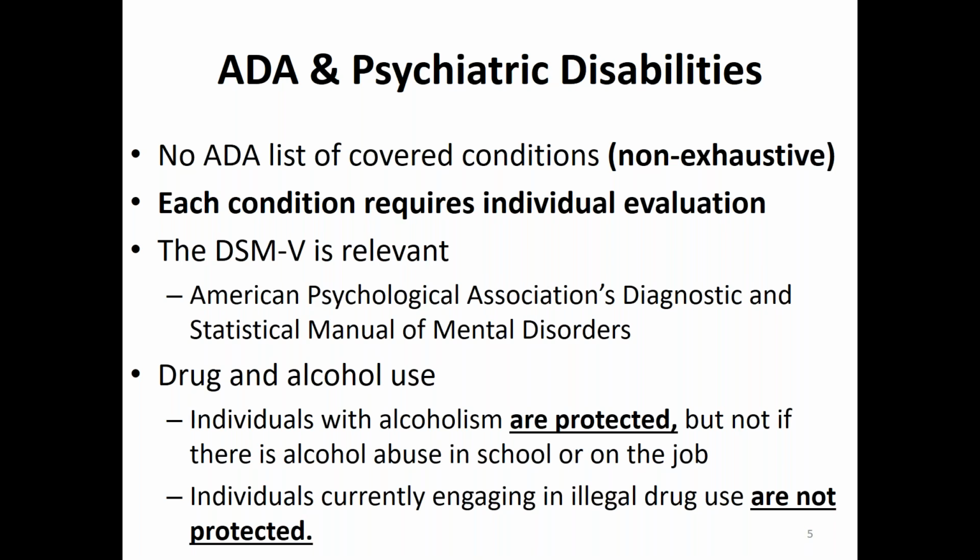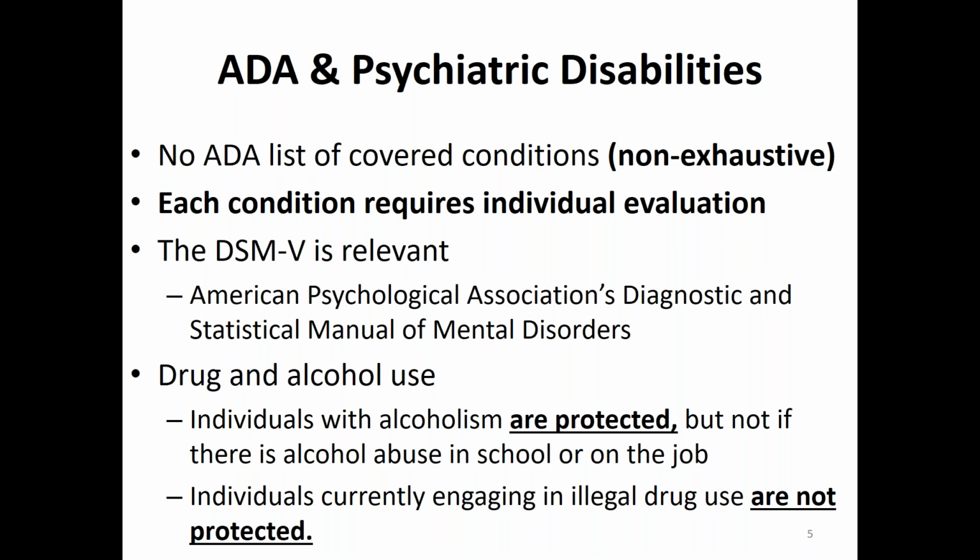Something of note for us, especially in Oregon, are the clauses around drug and alcohol abuse. Individuals with alcoholism are still protected under 504 and the ADA, but not if there's alcohol abuse in school or on the job. The really interesting point for us is the second bullet: individuals currently engaging in illegal drug use are not protected.